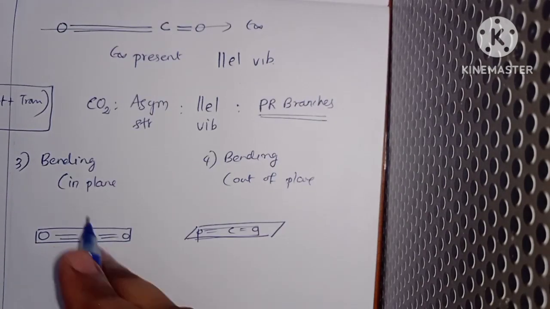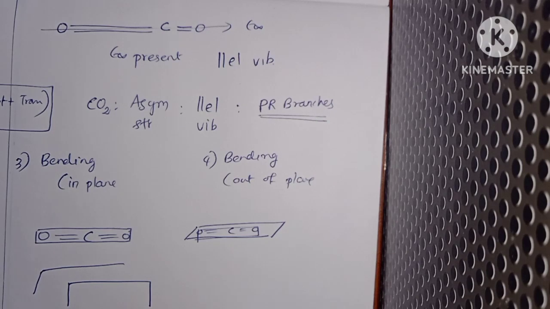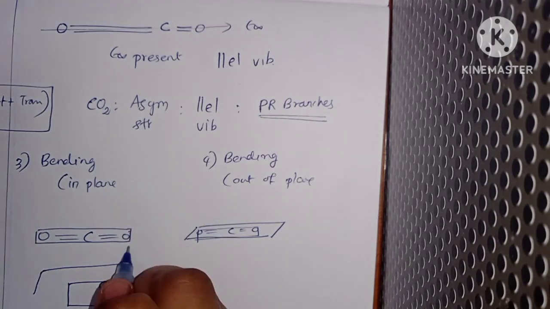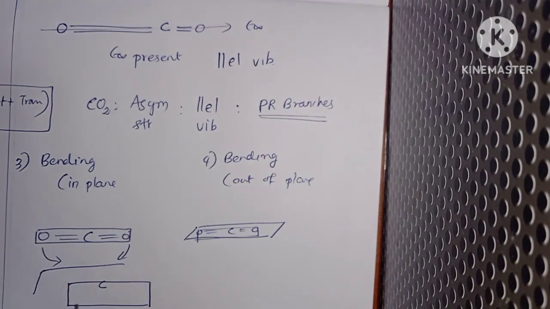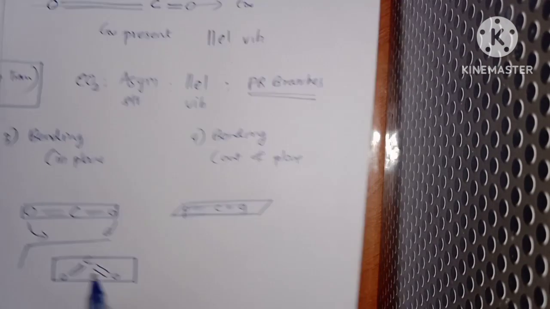So if we are considering bending in plane, means within this plane, so this is the plane of the molecule. Within this plane means bending occurs like this. This oxygen is pulled like this, this oxygen is pulled like this, we will get like this. So bending occurs within the plane only.